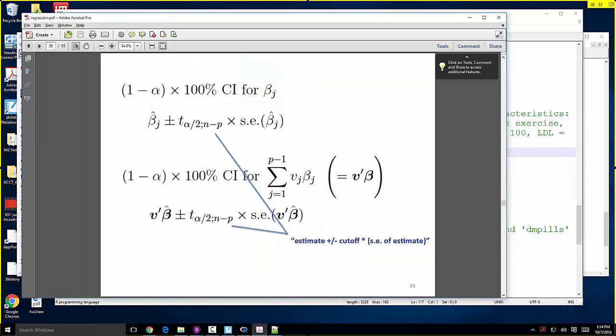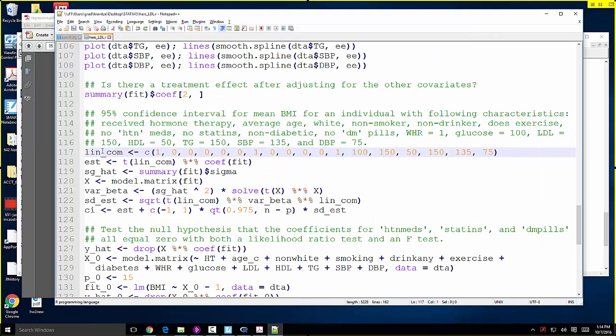What I just said would correspond to beta 0 plus beta 1 plus 100 times beta 2, and so on. So in order to get a confidence interval, we just need to do this. This is my collection of covariate values that I want to compute for. The first one is for the intercept. I need beta 0.